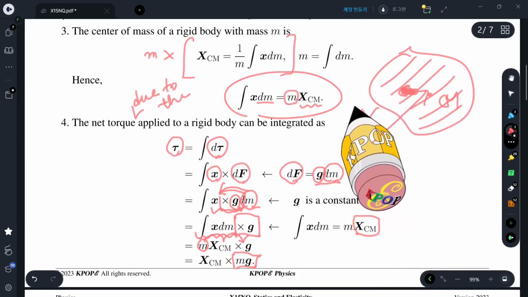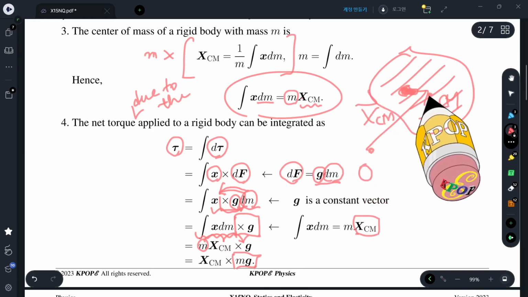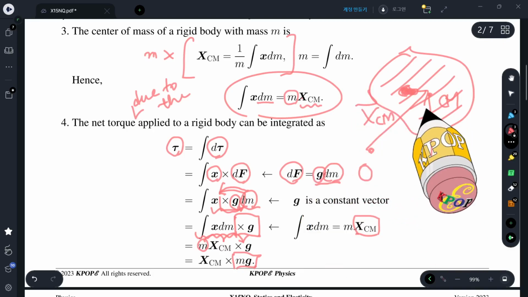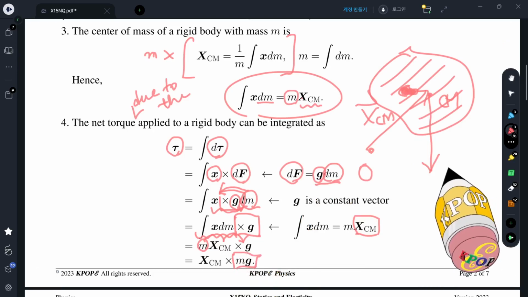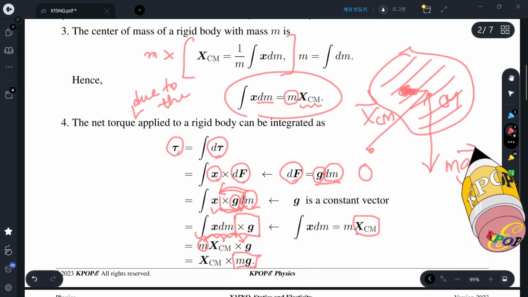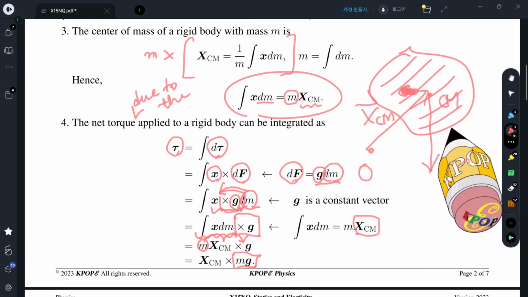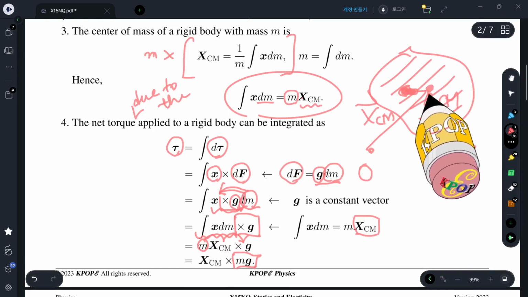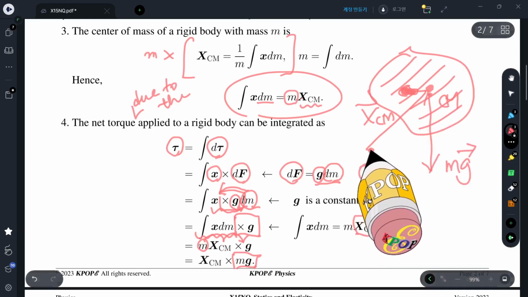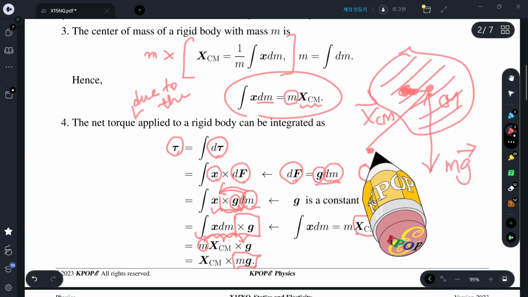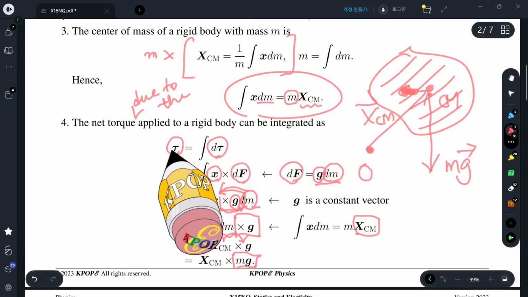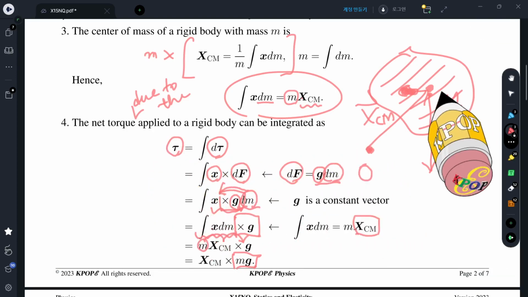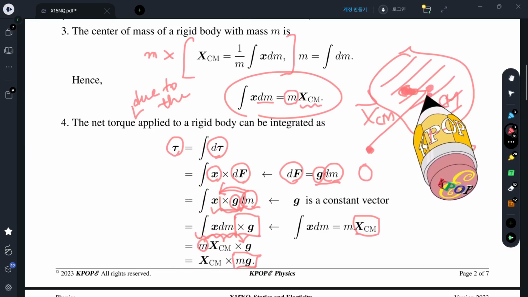The torque is effectively applied in such a manner that the whole gravitational force acts at a single point, the center of mass. So if I choose the point at which the torque is measured to be the center of mass, then there is no torque.